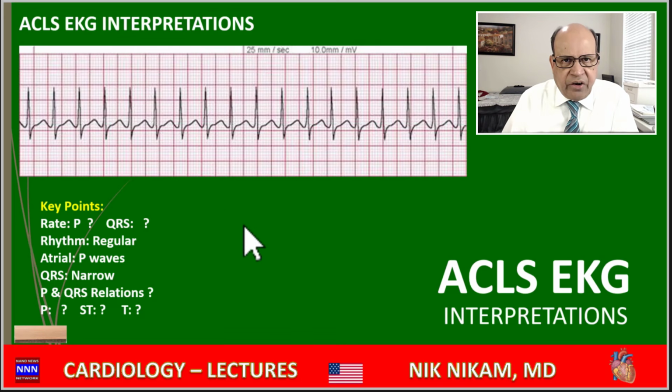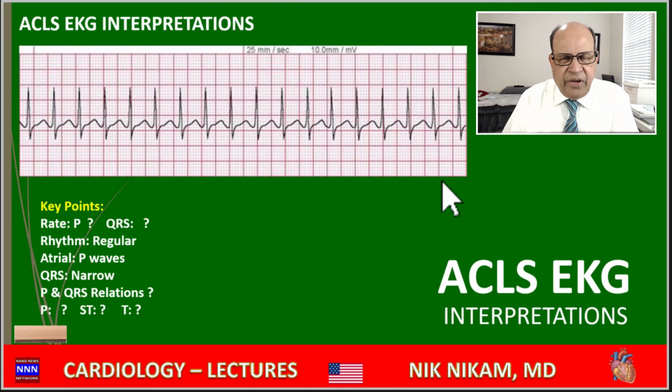Another condition that can cause narrow QRS tachycardia would be multifocal atrial tachycardia, where we see varying morphology of the P waves, but here we don't even see the P waves. And number two, this rhythm is very regular for it to be multifocal atrial tachycardia.